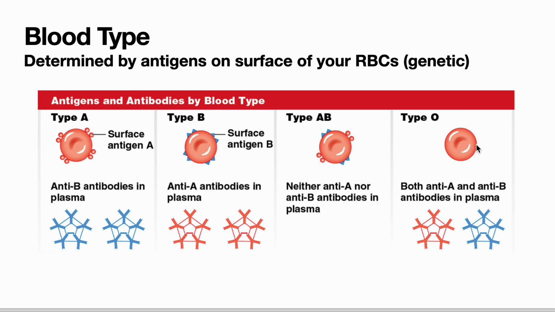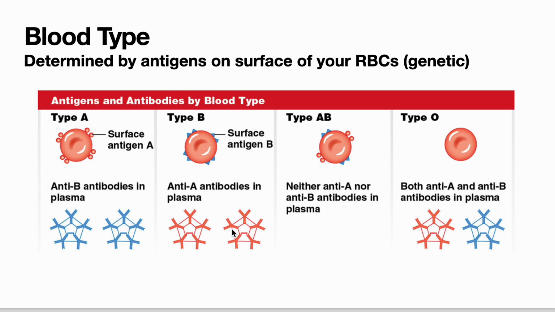What antigens are displayed by red blood cells is determined by genes that are passed from parent to offspring. People with type A have never seen antigen B, and so they will have anti-B antibodies in their blood, and the opposite will be true for type B.